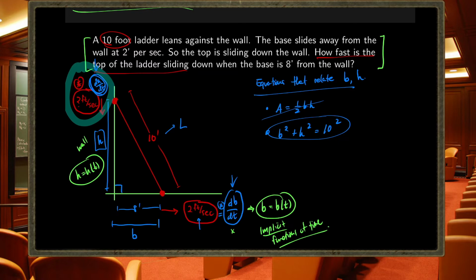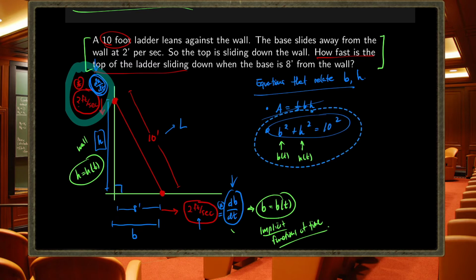So then what we can do is assume this is an equation with two functions of time, b(t) and h(t). All right, so what I'm going to do is grab this, come to a new page.